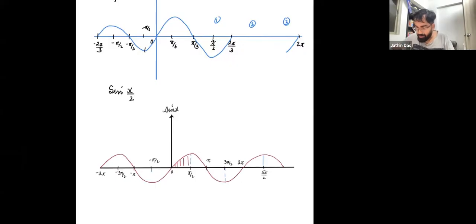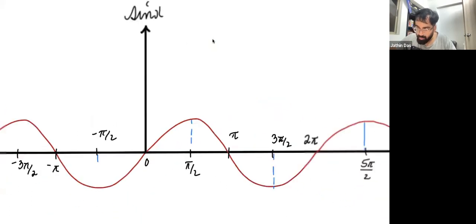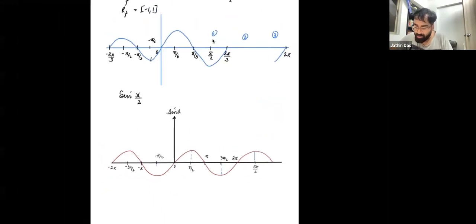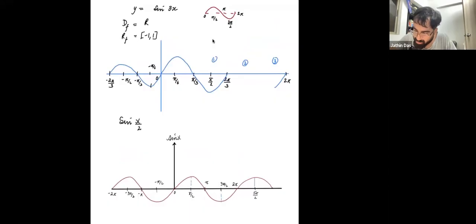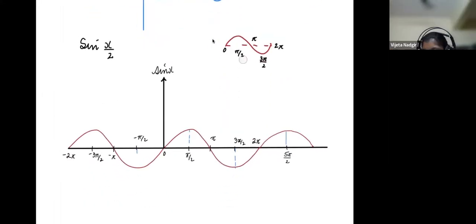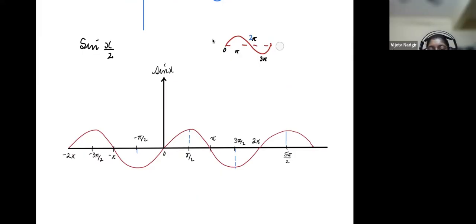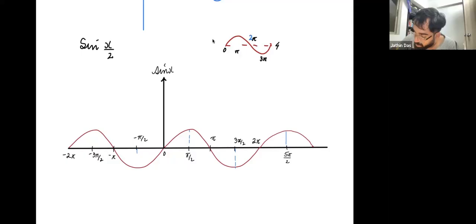Your points are what? I'll just take this, it's easy to explain like this. So for x by 2 it will double, right? It will be at pi, 2 pi, 3 pi, 4 pi. So it will stretch and go.